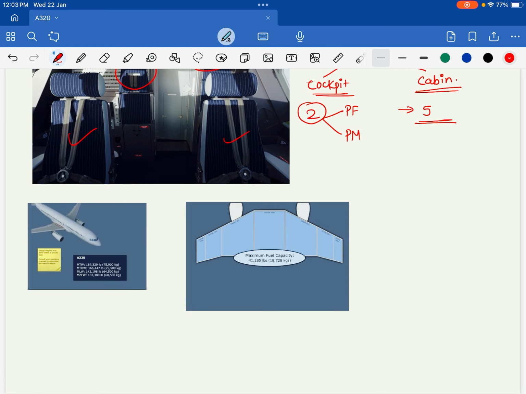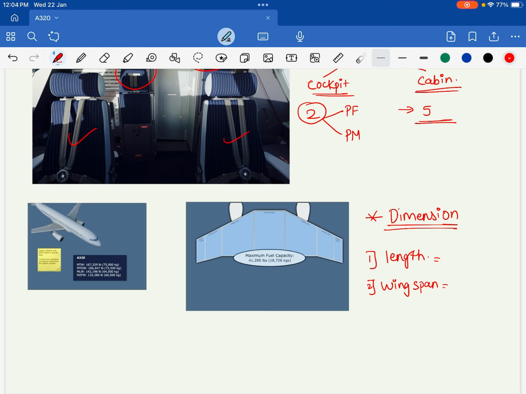Let's move to the next part. Now the next thing which we will discuss is the dimensions of the aircraft. We will discuss 2 dimensions. First is the length and second is the wingspan. Again this dimension will vary with respect to aircraft series.